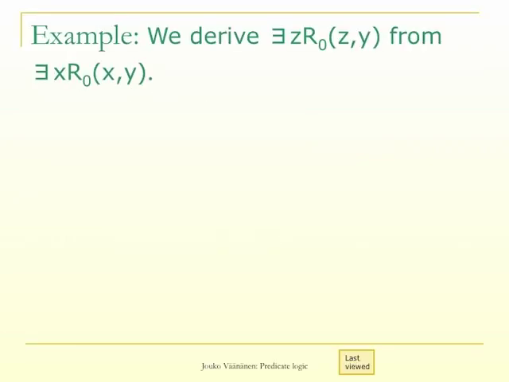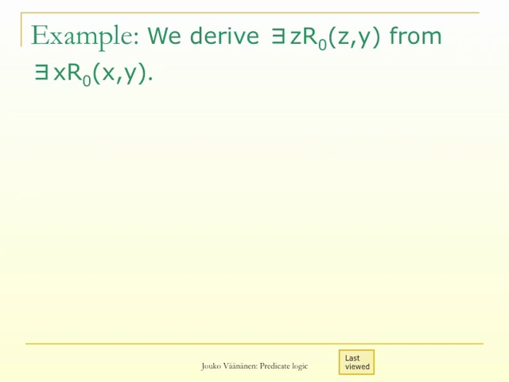First problem. We derive ∃z r0(z,y) from ∃x r0(x,y). Note that the only difference between the hypothesis and the conclusion is the bound variable. Since the assumption ∃x r0(x,y) is existential, starting with an existential quantifier, we try to use the elimination rule of the existential quantifier.